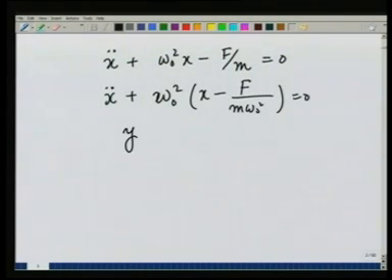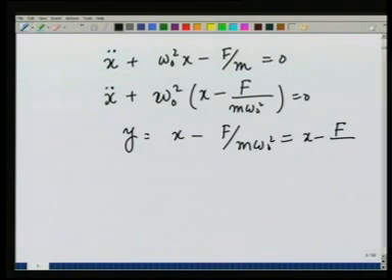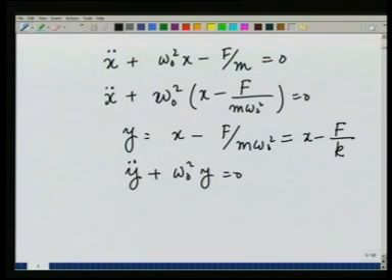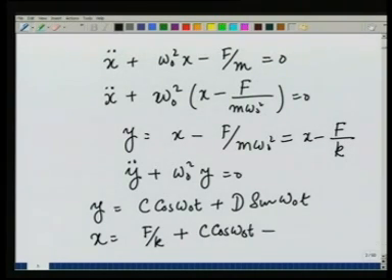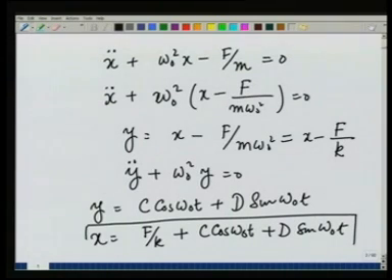Redefine y is equal to x minus F over m omega 0 square, or equivalently as x minus F over k, and your equation looks like y double dot plus omega 0 square y is equal to 0, and I know the solution for this in general is y is equal to c cosine of omega 0 t plus d sine of omega 0 t, and therefore, x is going to be equal to F over k plus c cosine of omega 0 t plus d sine of omega 0 t, where c and d are determined by the initial conditions.